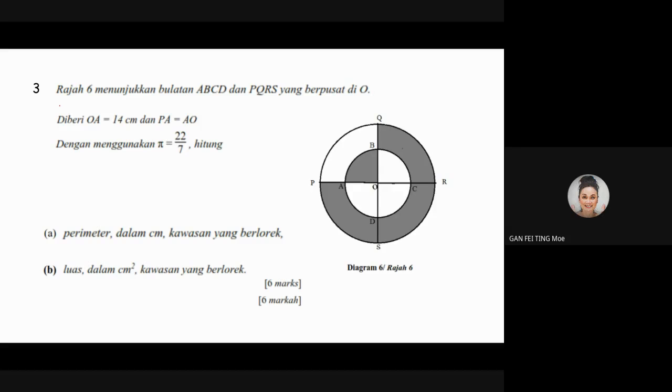The question asks you, by using pi as 22/7, to evaluate (a) the perimeter in cm of the shaded region, and (b) the area in square cm of the shaded region. For you to answer this question in a very fast mode, I just want to share the tips to save your time. Even though for part 2 you may spend 1.5, 6 times 1.5 is about 9 minutes, you should spend less than this.